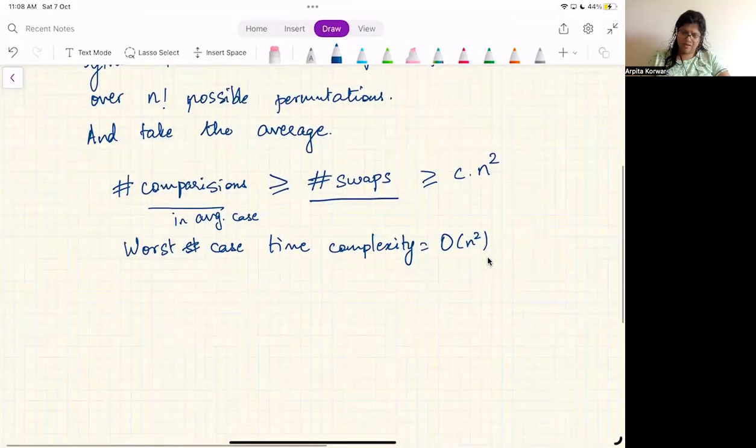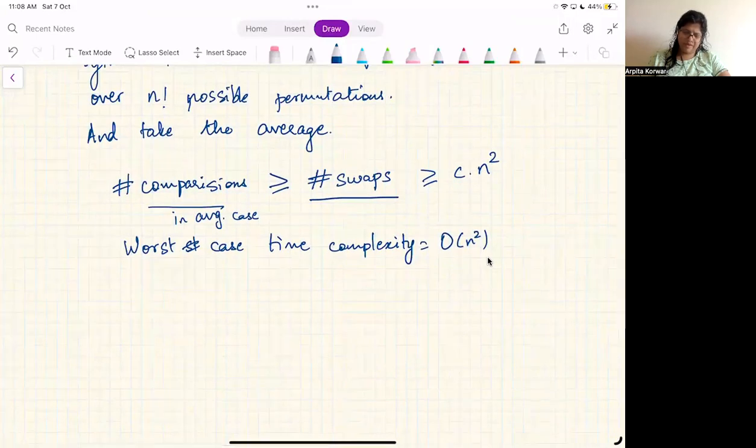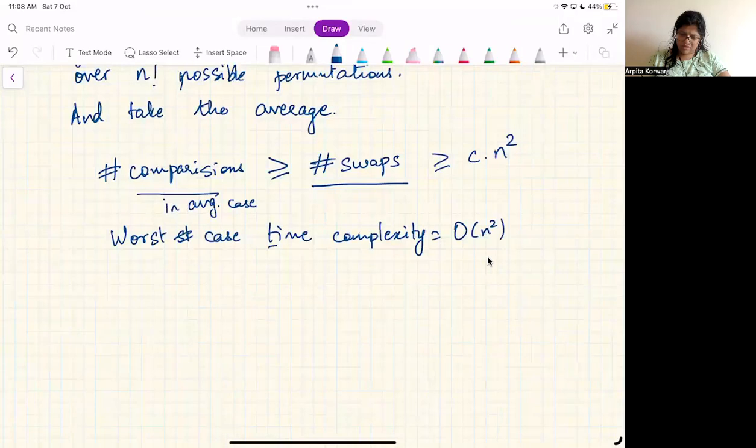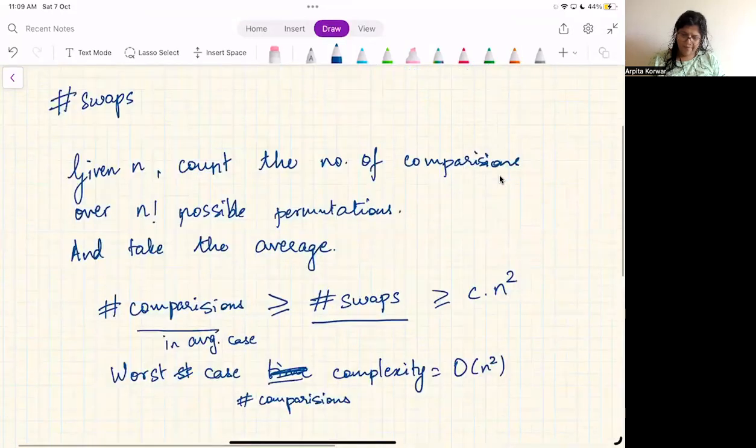So that would mean that the number of comparisons in the average case, this is also a worst case bound, not time complexity but number of comparisons, is order n squared in the average case also. So we are going to show that. How do we show this?